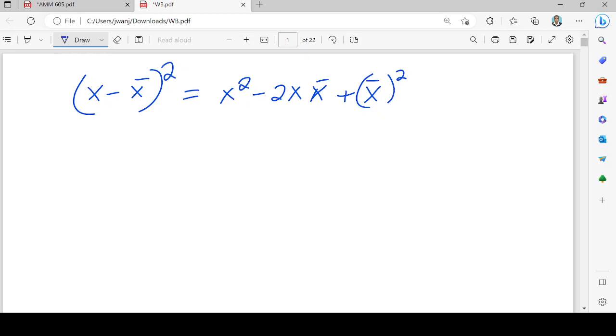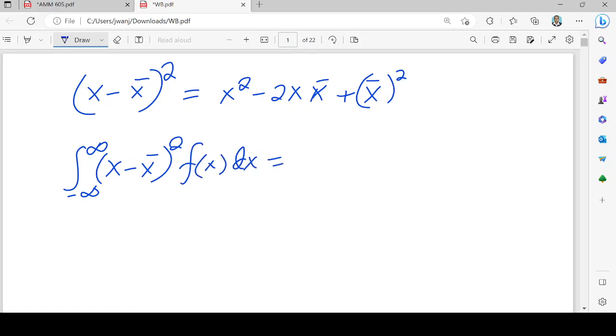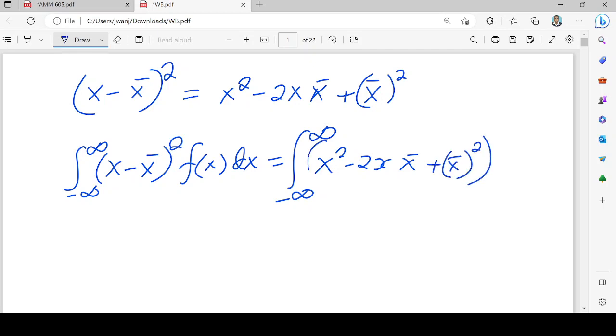So when we write the integral from negative infinity to infinity of (x minus x bar) squared multiplied by f(x) dx, we can substitute and write the integral from minus infinity to infinity of (x squared minus 2x x bar plus x bar squared), all multiplied by f(x), and we integrate with respect to x.